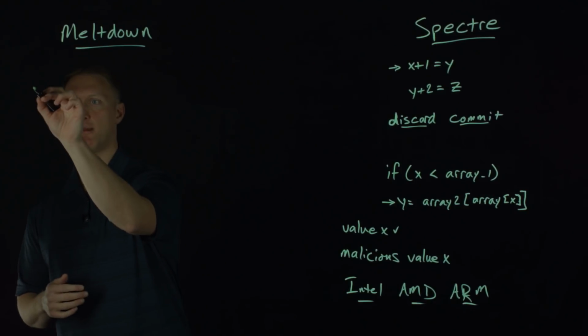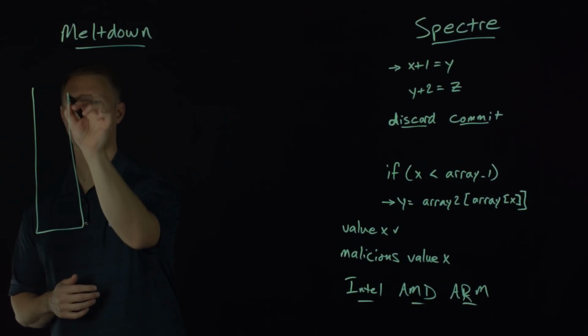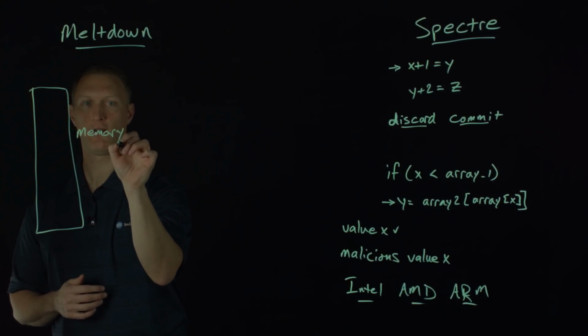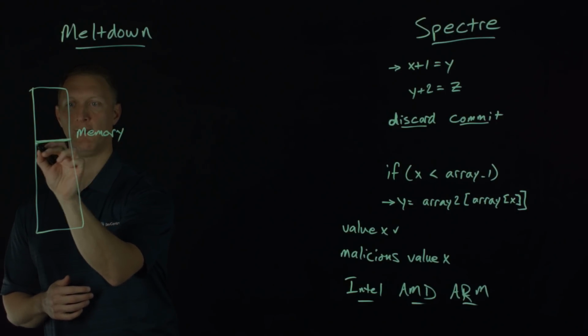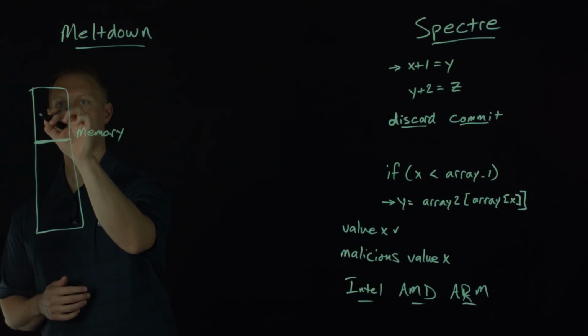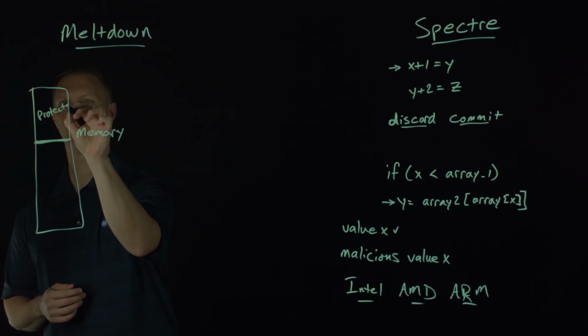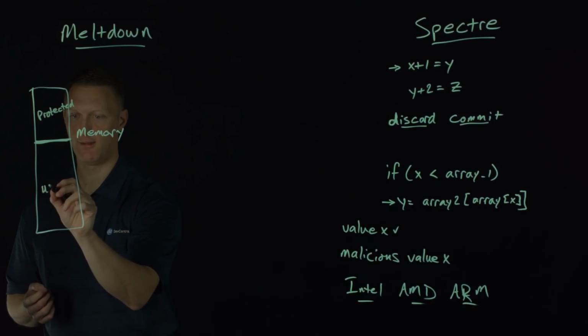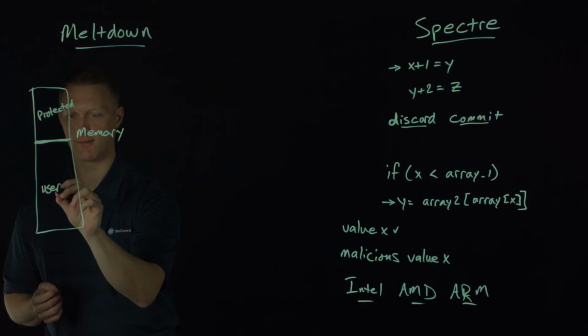So let's say you have memory like this. If this is the memory on your computer, I'm going to put a little line right here, and let's say this is protected memory. This would be like kernel memory space, and then I'll call this typical user memory space, all right?